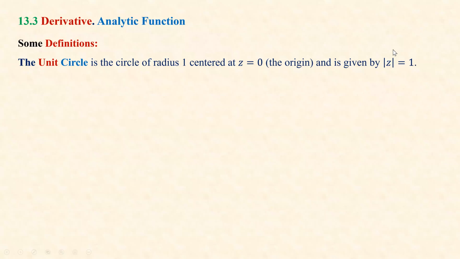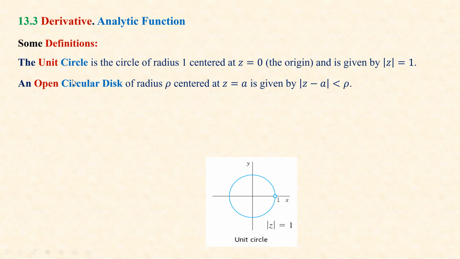This is what this means. Absolute value of z equal to 1. So these are all points on the unit circle. If this point is 1, all the points that have modulus 1 are in this, and they're denoted by this equation, and it's called the unit circle.